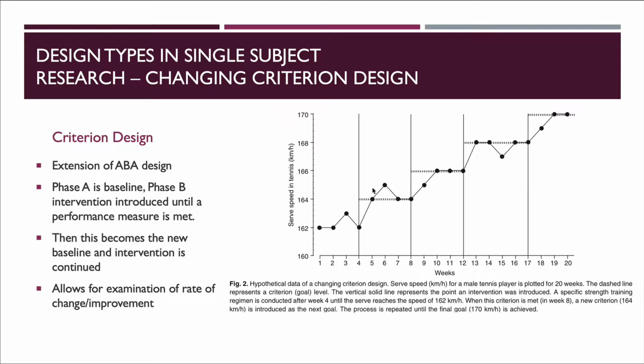As they reach each baseline measure, that becomes the new baseline, and we move to a new intervention. It allows us to look at how many weeks or days, or how much time, it may take to move an athlete from one level of performance to another target level of performance.